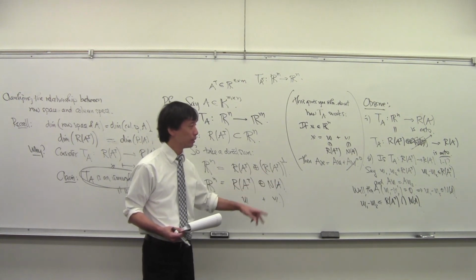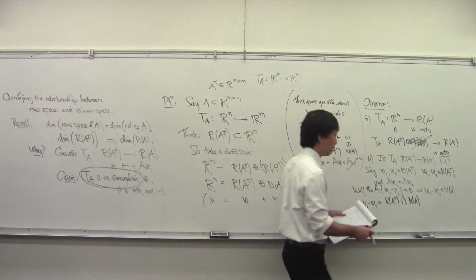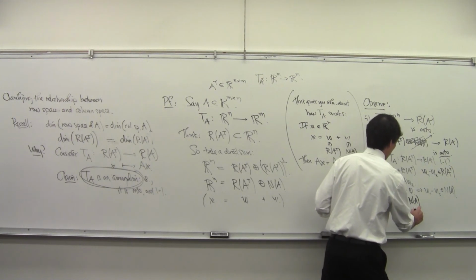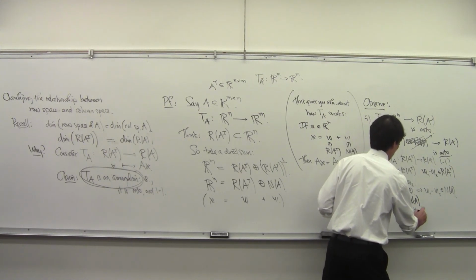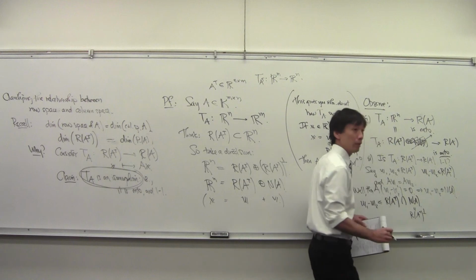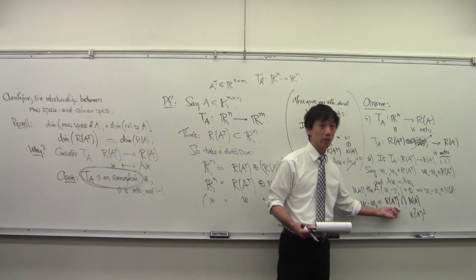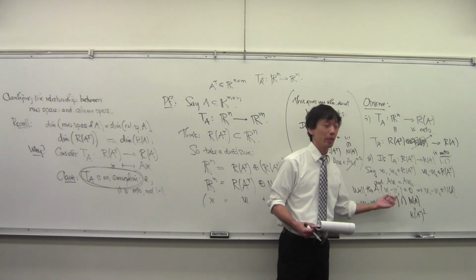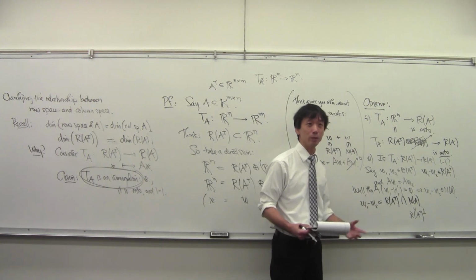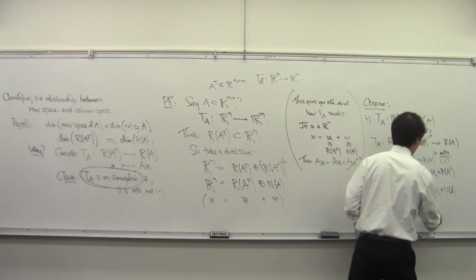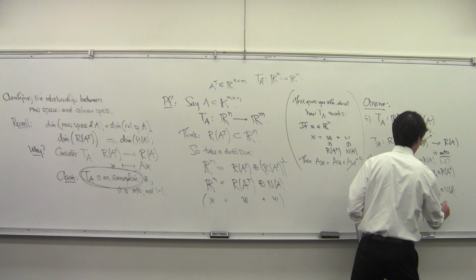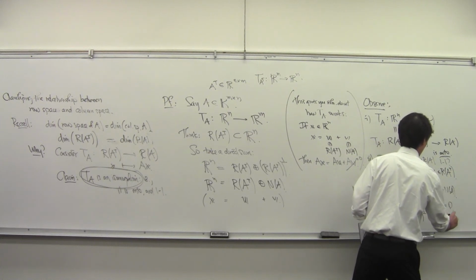So this guy lies in a subspace and its orthogonal complement, and so it must be 0. U1 minus U2 must be 0, so U1 equals U2.